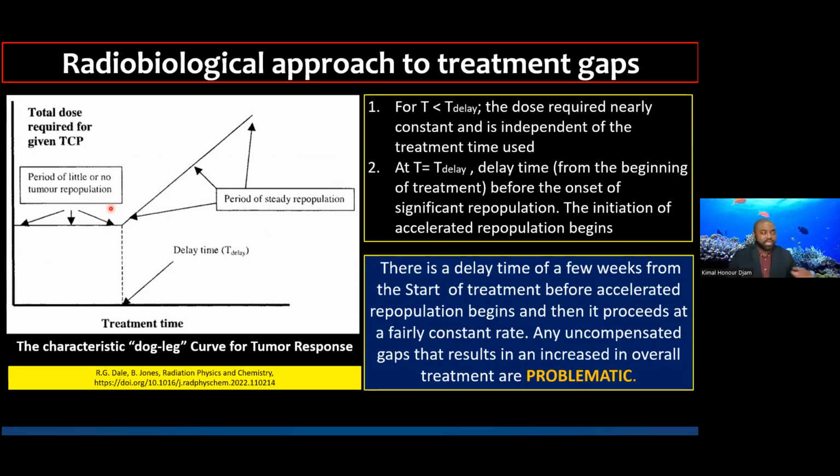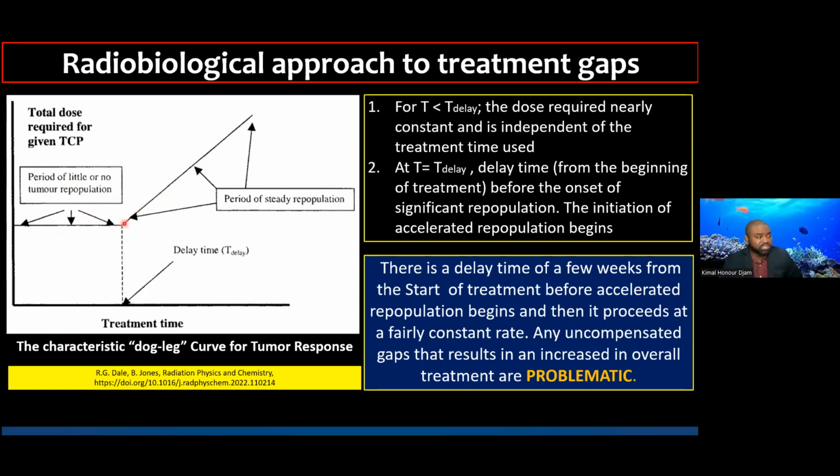And so to mathematically derive the gap calculations, to formalize this, when you look at the log curve, the dogleg curve for tumor response, generally you have the lag period, which is a period of little or no tumor repopulation. And then you have the onset of rapid repopulation defined by what we call the delay time, after which you have rapid repopulation. This is a period of steady repopulation.